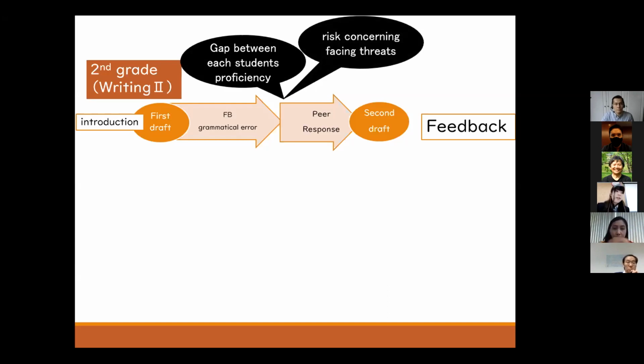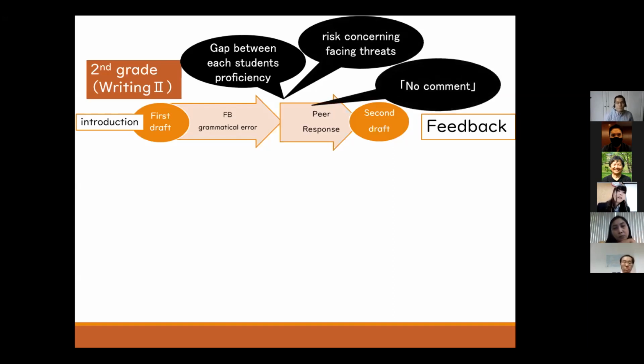It's not easy for students to make negative comments on other students' compositions because they are concerned about facing a threat. And my students said they had no comments like that, so we could not activate peer response.